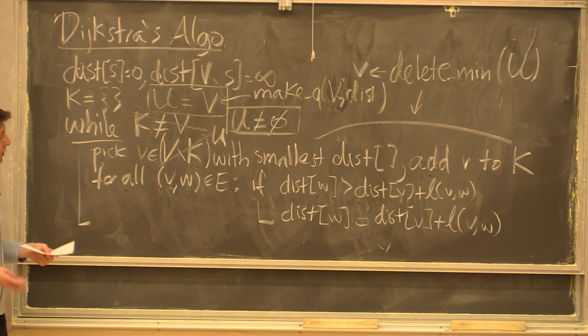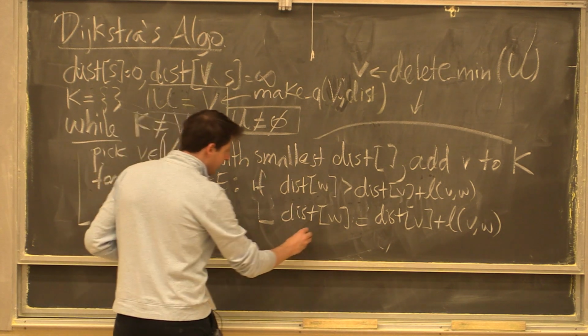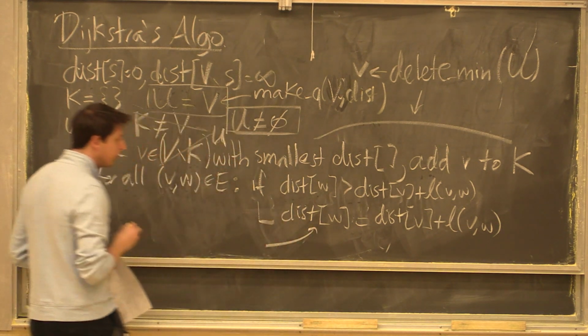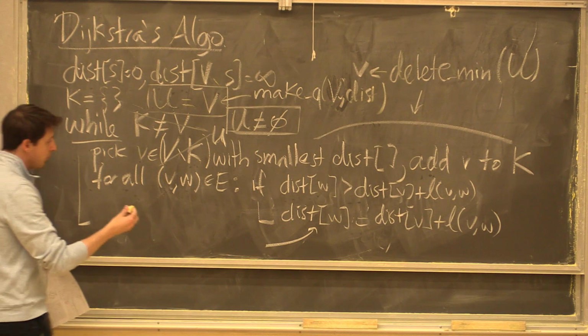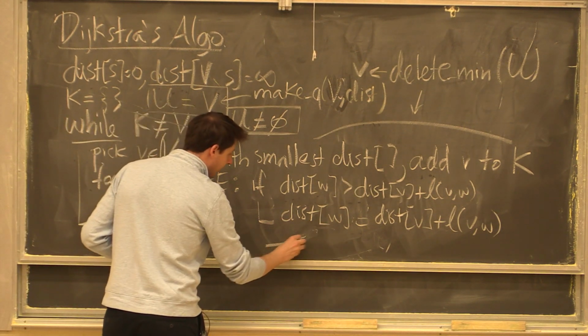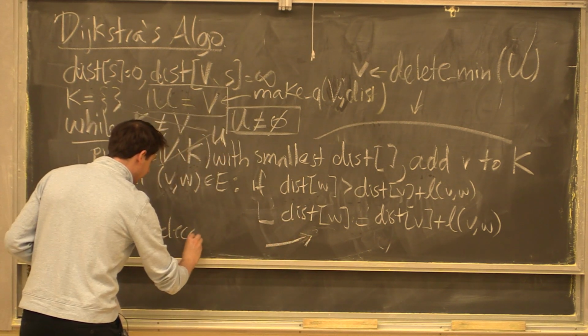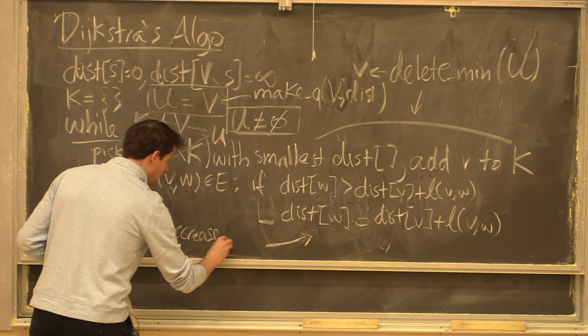The only other thing that we need to do to operate on this Q is to be able to change values, okay? So that would be this line over here, where after we compute this value, then we just add a line that says decrease key.